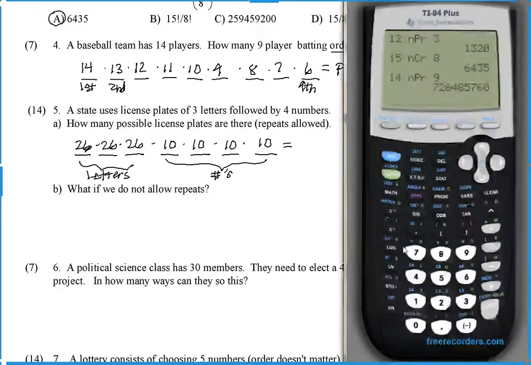If we key this into the calculator, that's just 26 to the third power, times, I want to arrow out of the exponent, 10 to the fourth.